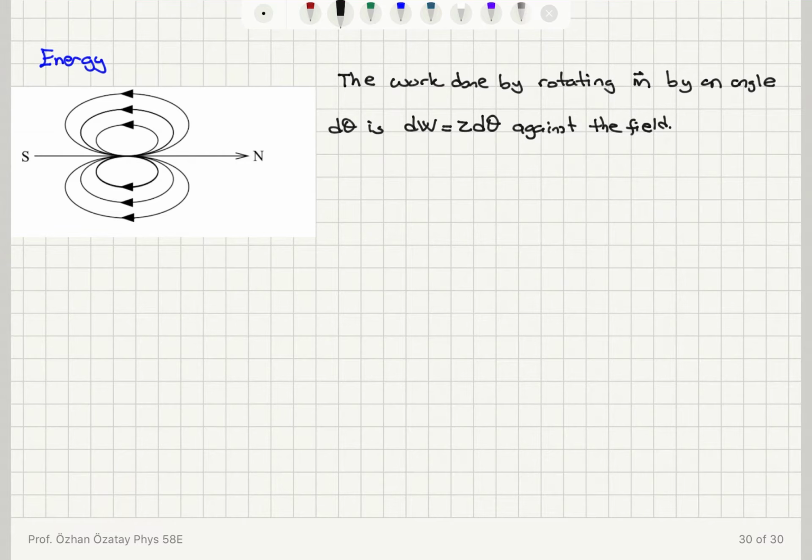Okay, so we can work on this in CGS EMU units. For example, this work will be equal to the magnetic moment m h sine theta d theta.